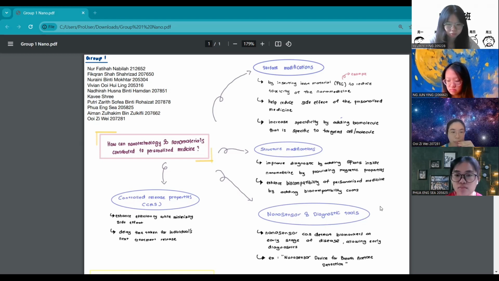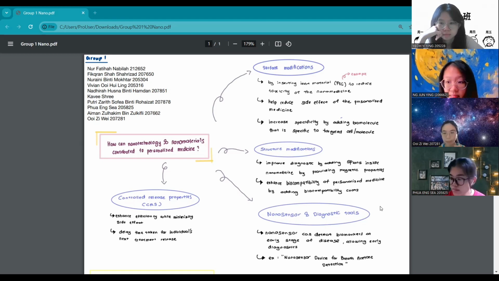And secondly, due to the structure modification property, it can improve the diagnostics by adding SPION inside the nanomedicines by providing magnetic properties. Next, it also enhances the biocompatibility of personalized medicine by adding biocompatible ions.